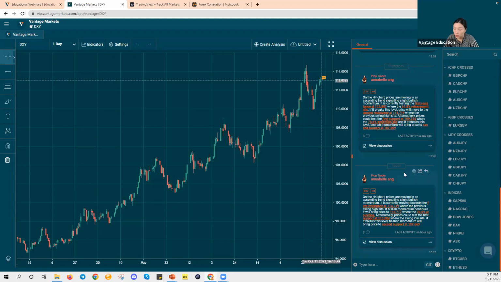How this page works is that we have a chart and a live chat. Sometimes we'll post our analysis here, so you can take a look. Today I actually posted one. The levels can be highlighted so you will not miss any parts. If I had this analysis without all these levels, you might be slightly confused.